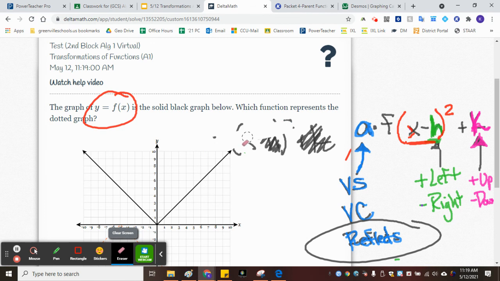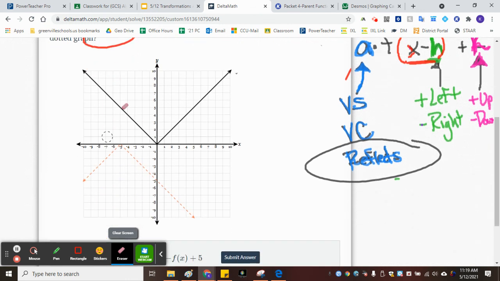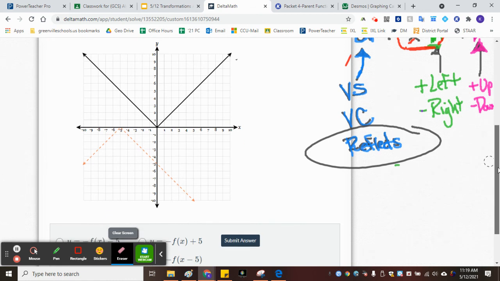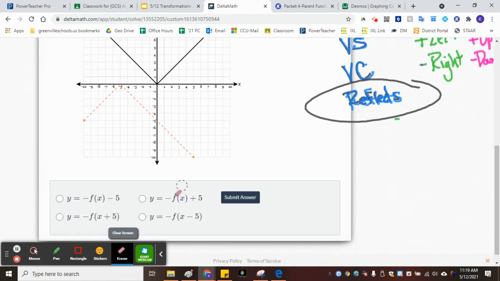They're writing it funny now. So here, this one is reflected down, so you know it has to be negative. So with your test taking skills, all of them are negative. So that didn't help eliminate anything. The next thing is it's moved 1, 2, 3, 4, right 5.